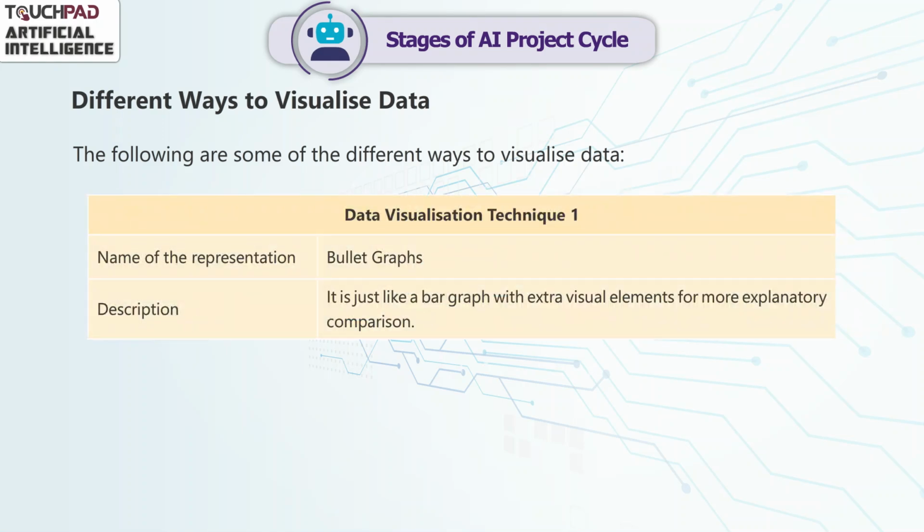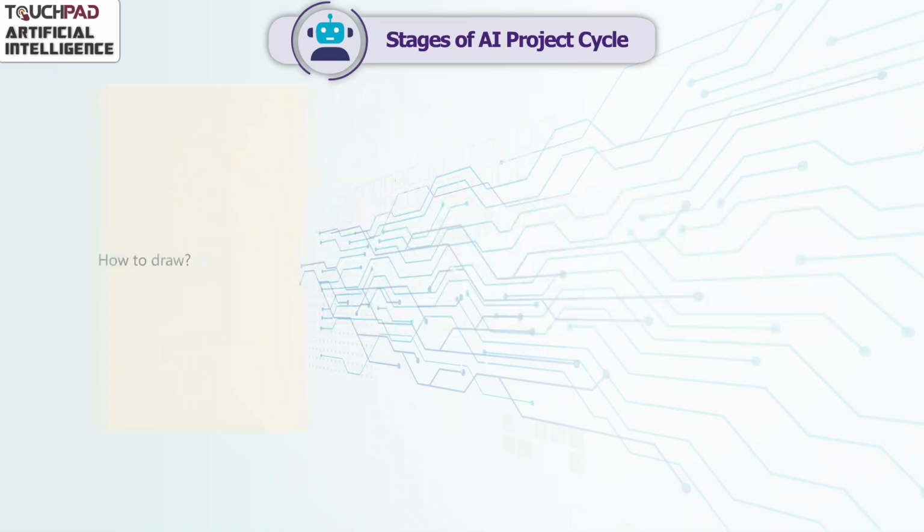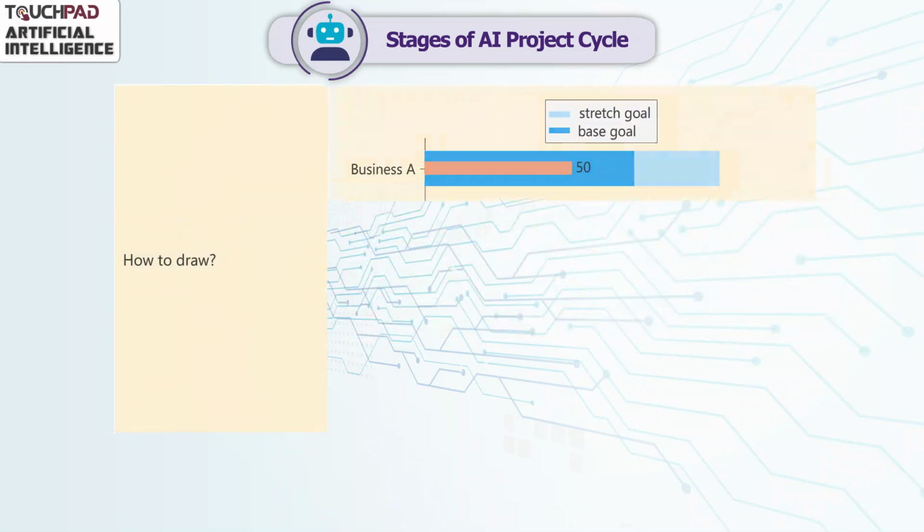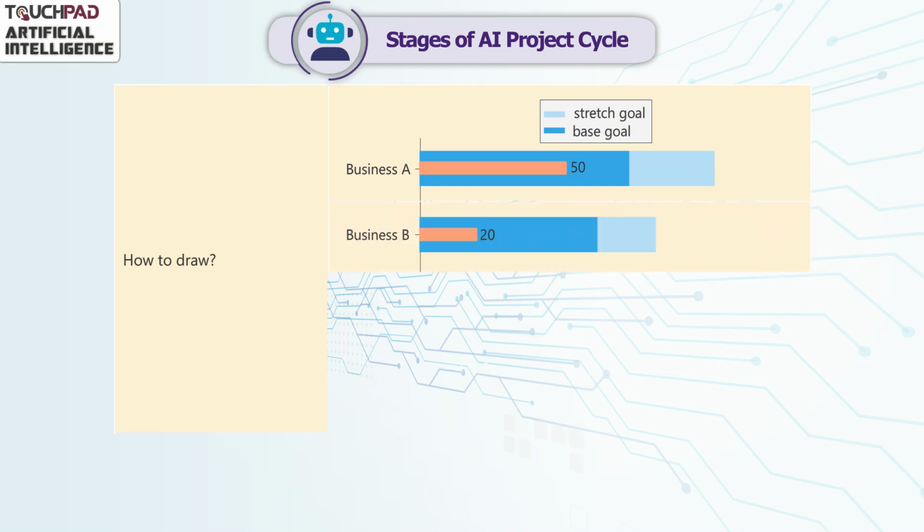Data visualization technique 1. Name of the representation: bullet graphs. Description: it is just like a bar graph with extra visual elements for more explanatory comparison. How to draw. Stretch goal, base goal. Business A, 50. Business B, 20.